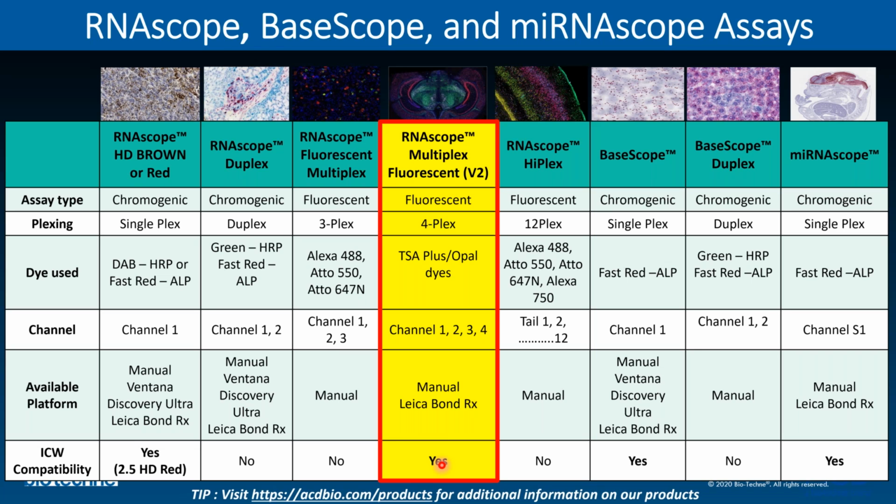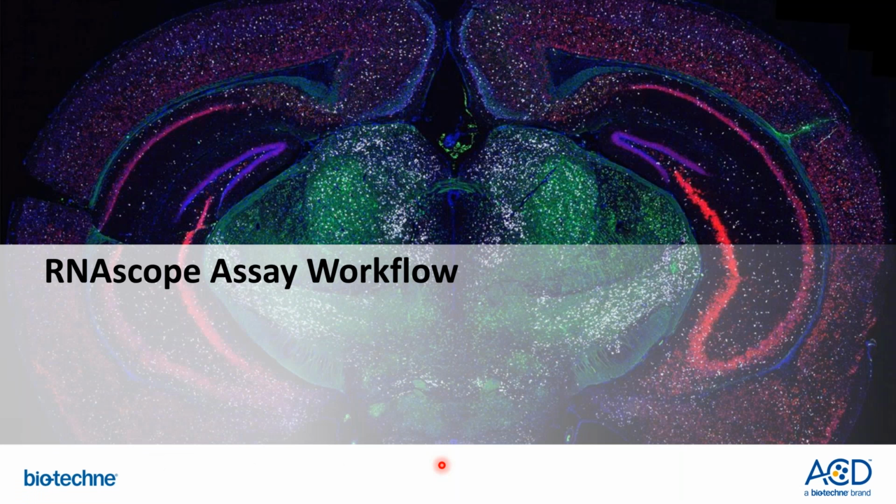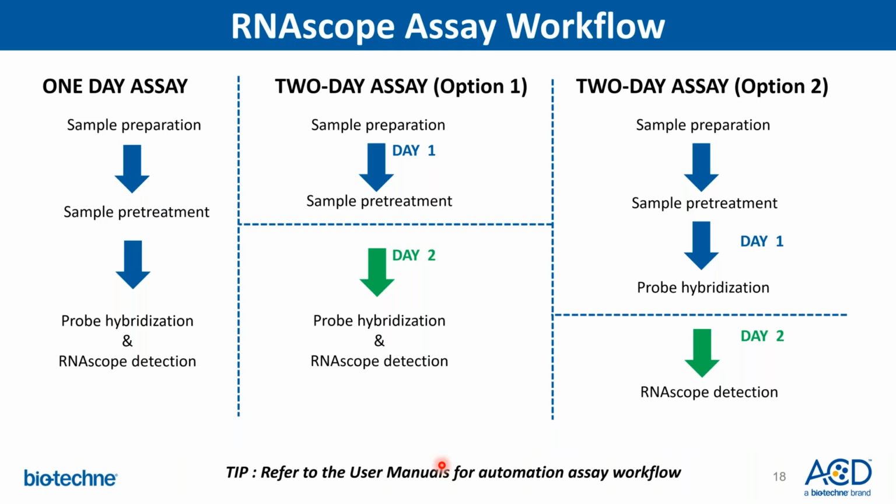So the next we'll look at is the assay workflow and the timing of the assay. For the manual option, you have the option of doing it 3 ways. So you can do it in a single day where you will do the sample preparation, pre-treatment, followed by probe hybridization and detection for the RNAscope assay.